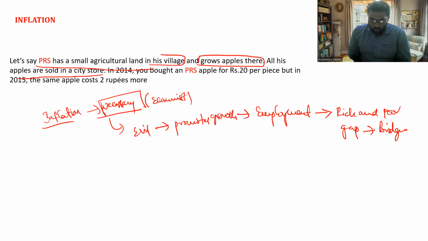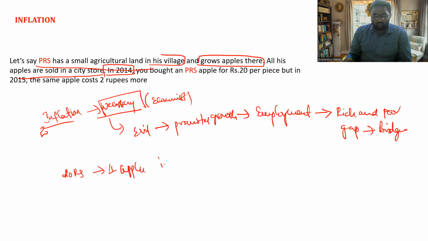I have taken this example as 2014 and 15, and you can compare it with 2022 or 23 also. In 2014, you bought a PRS apple for 20 rupees per piece. So for 20 rupees, you will get one apple.